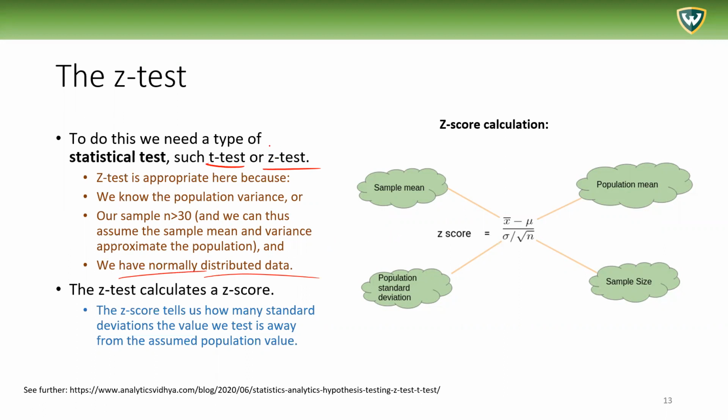And we're going to use the z-test because our sample in this fictitious example is not greater than 30, but we know the population variance. So we can use the z-test here. The z-test calculates the z-score, that's standard score, and it tells us how many standard deviations the value we test is away from the assumed population value.